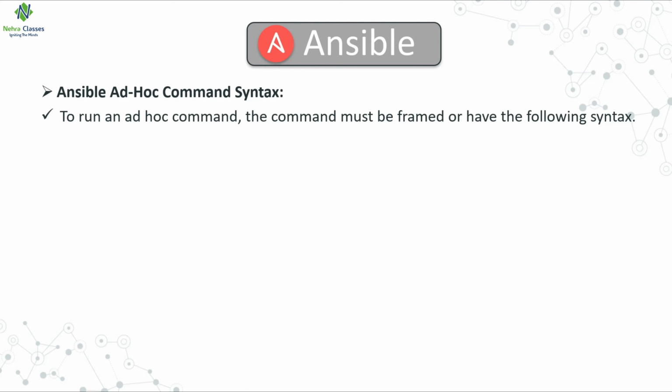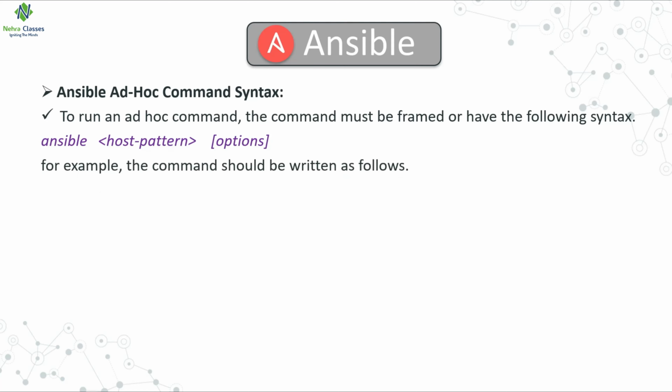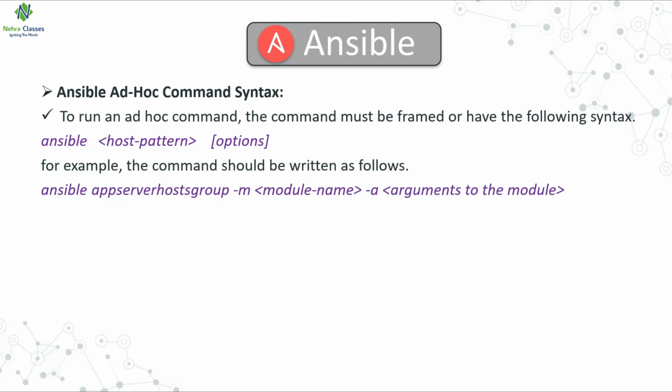To run an ad hoc command, the command must be framed with the following syntax: ansible, the host pattern, and the options. For example, first you will write ansible, then the host group name, then you will mention the module with option -m, and after that you will mention the argument with option -a.